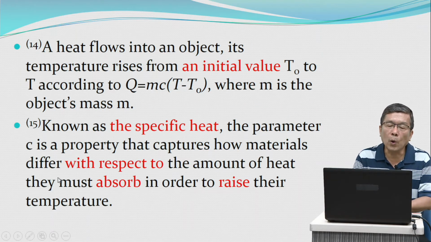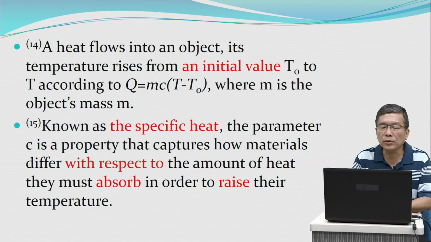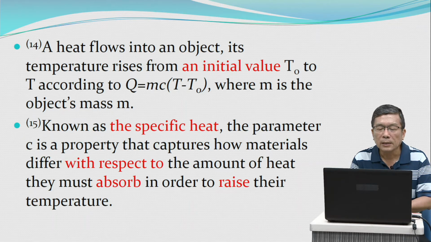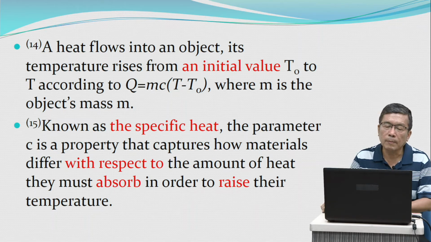With heat flow into an object, its temperature rises from an initial value T sub O to T according to Q equals mc(T minus T sub O), where m is the object mass.